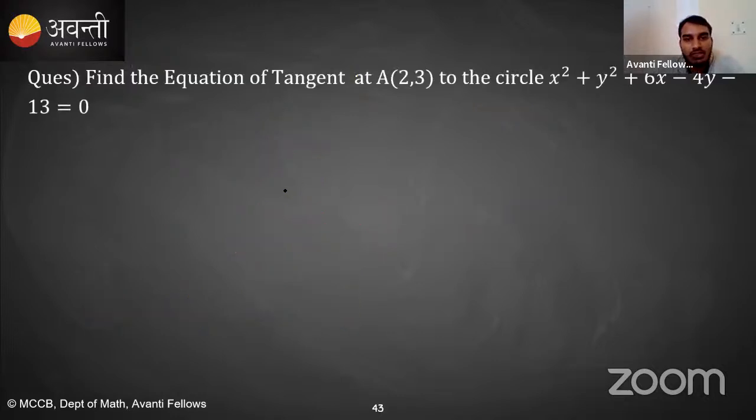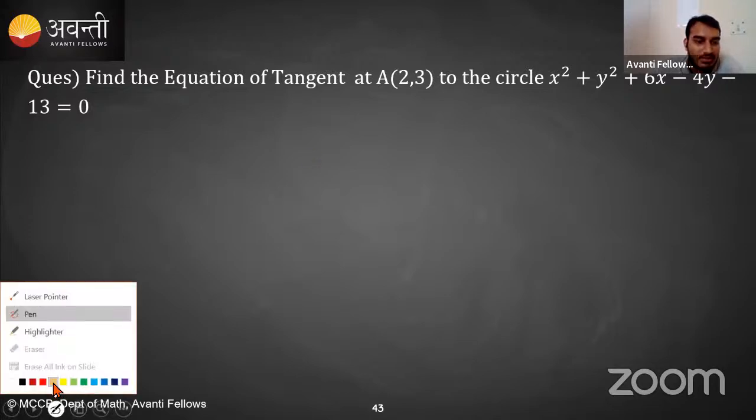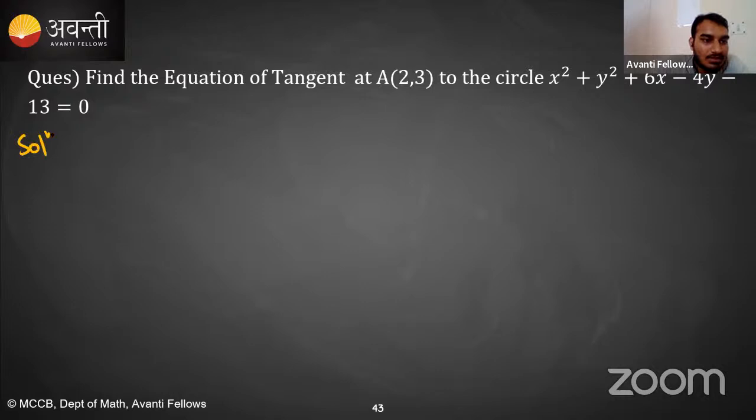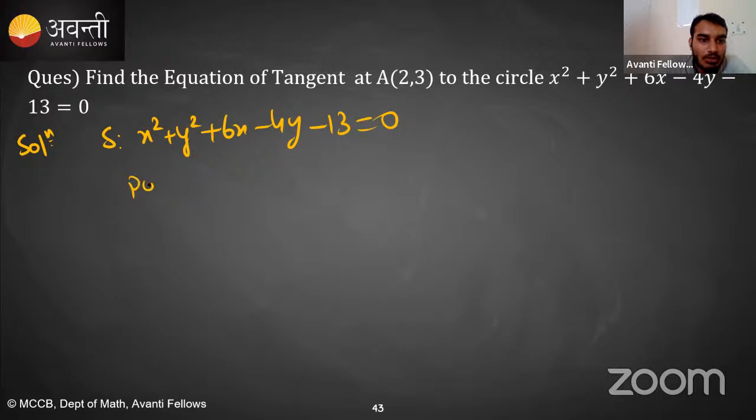Find the equation of tangent at point 2 comma 3 to the circle x square plus y square plus 6x minus 4y minus 13 is equal to 0. So first check whether the point 2 comma 3 is lying on the circle or not. Substitute 2 comma 3 in the circle.